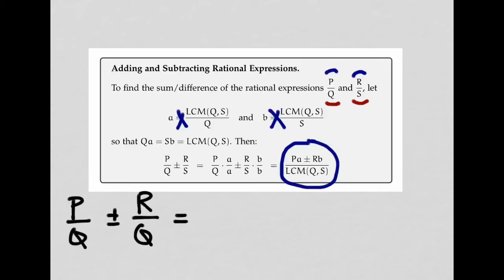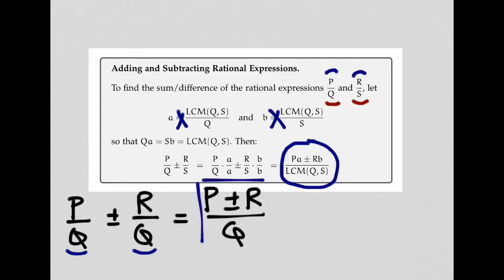In this case, we can get the answer quickly simply by adding or subtracting the numerators and dividing the result by our denominator. So you can only apply the shortcut when the denominators are equal, and that'll get you to the answer rather quickly.